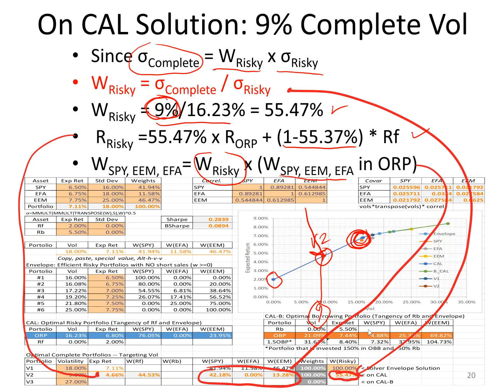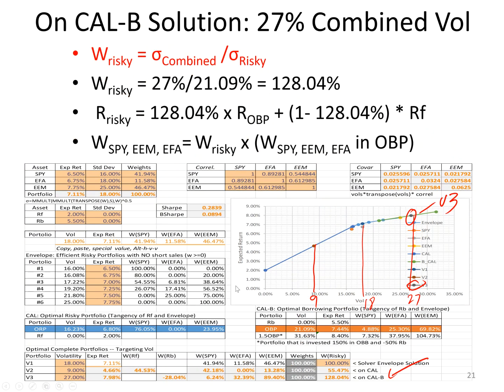Now let's try to find the optimal 27% volatility portfolio. Notice that 27% is greater than the volatility of the optimal borrowing portfolio of 21.09. Therefore, you know it's on this line. And we're going to use the same procedure.